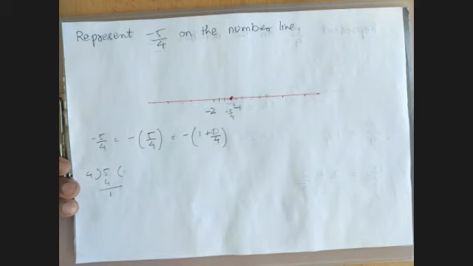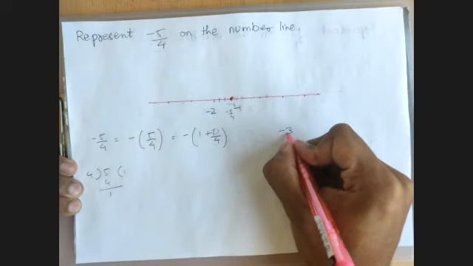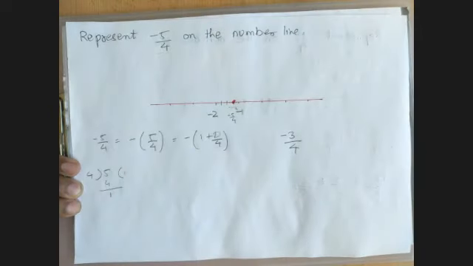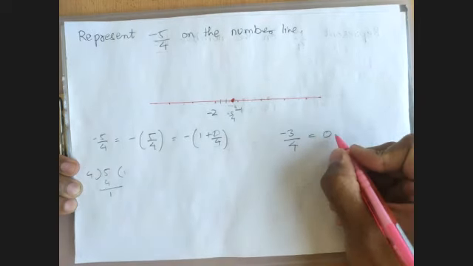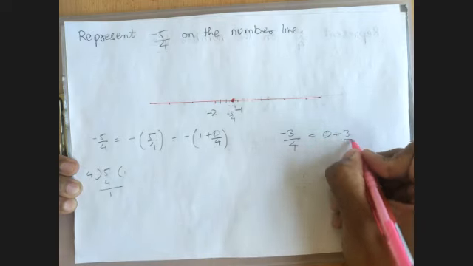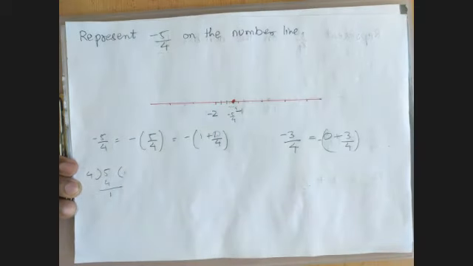Okay. Now let us take another example. Let us represent minus 3 by 4 on the number line. Minus 3 by 4 can be written as 0 plus 3 by 4 minus of, right?